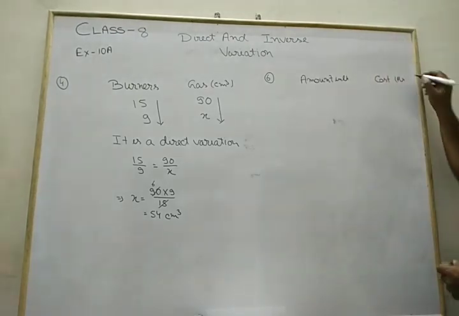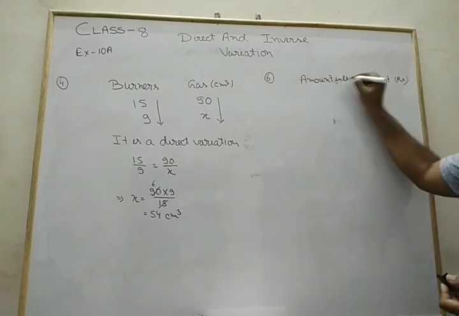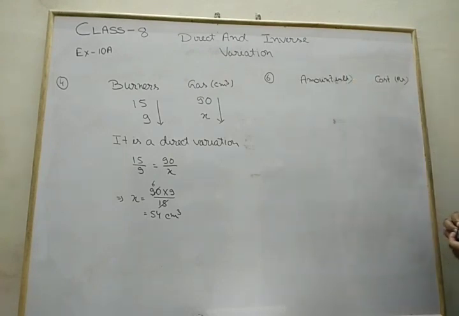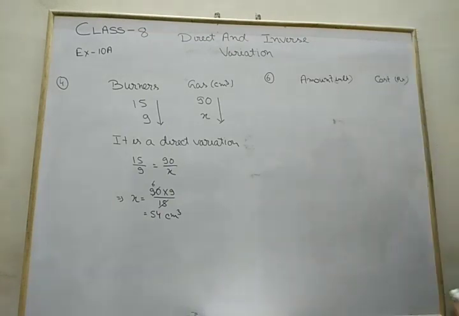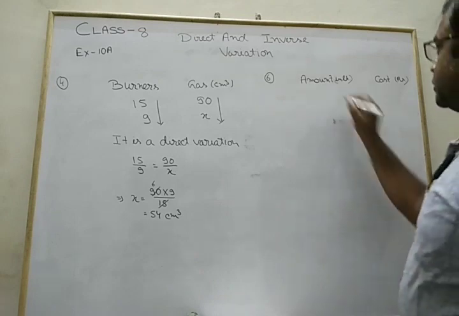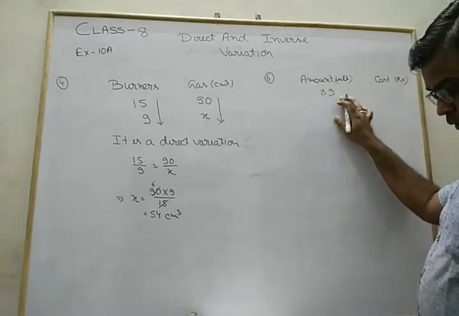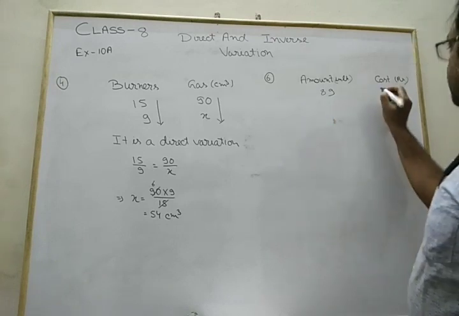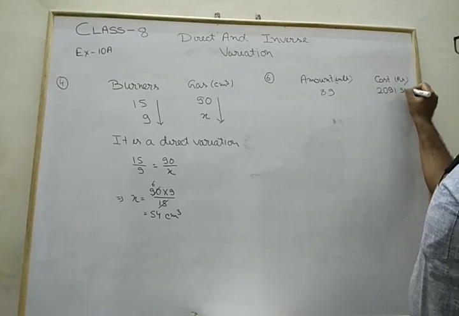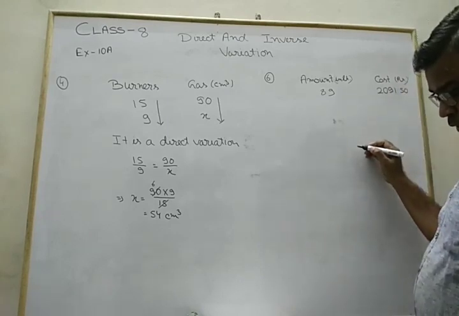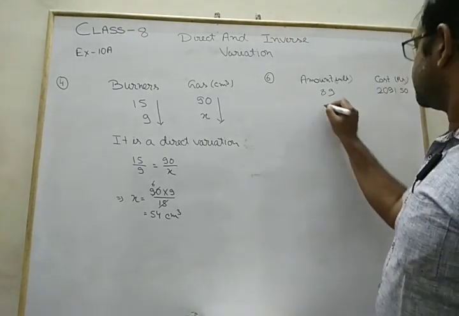We write this: amount in liters, cost in rupees. So what is the amount? The amount is given, it's 89 liters. 89 liters amount, cost rupees 2091.50. So the question says, what is the cost of 50 liters?